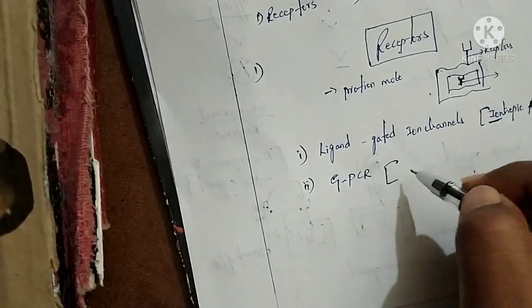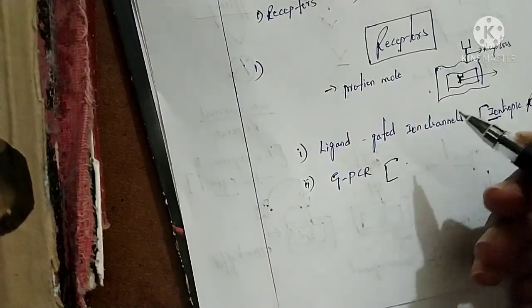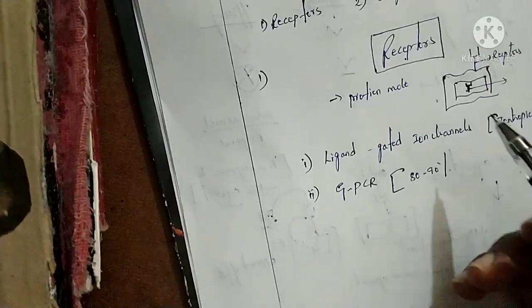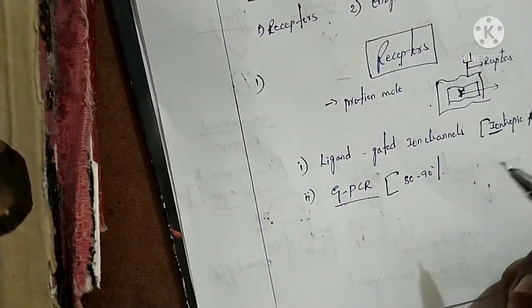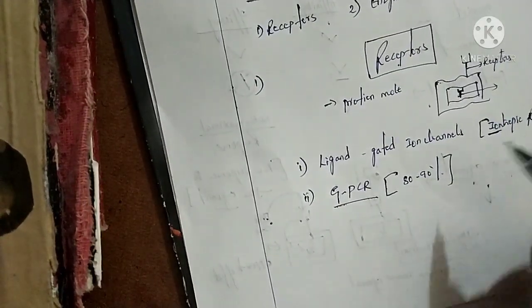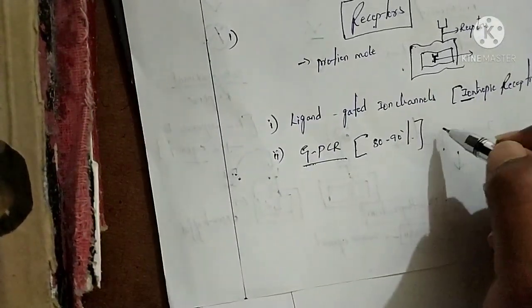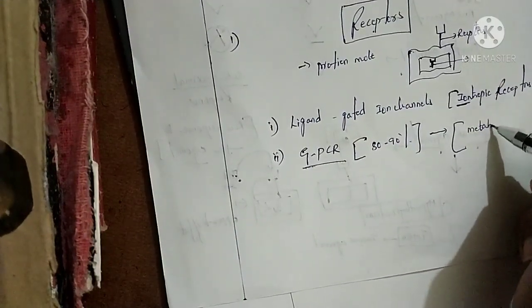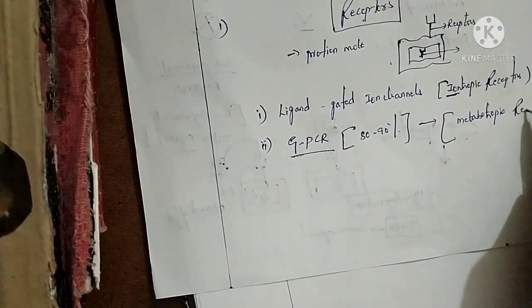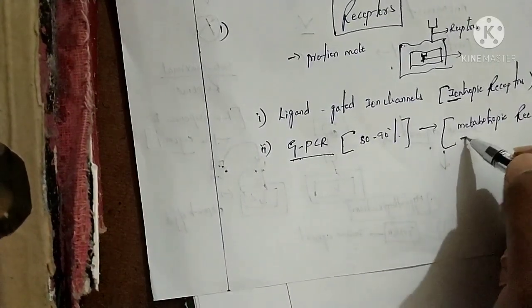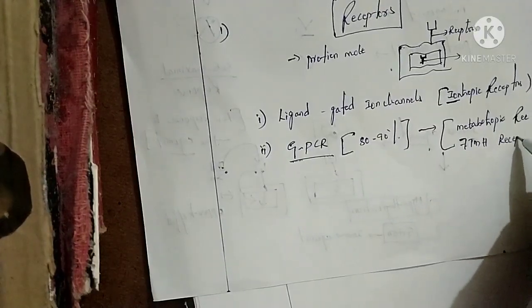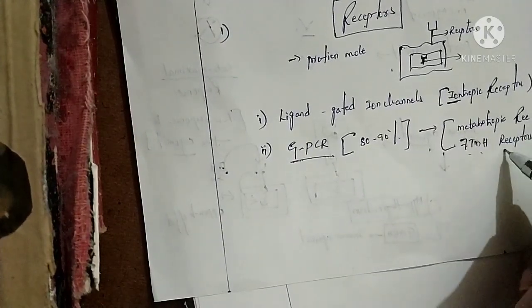Mostly 80 to 90% of the receptors present within the body are G protein coupled receptors. These are also known as metabotropic receptors and 7 transmembrane helix receptors. What is meant by 7 transmembrane helix receptors?